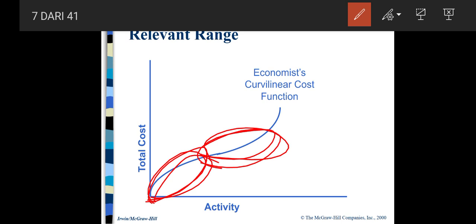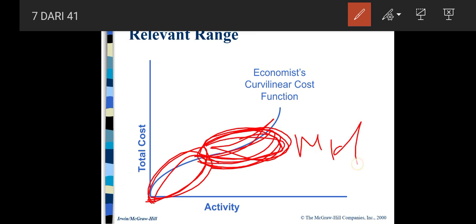It will increase the cost, but more efficiencies are also added, which allows more output to be done. Jadi walaupun menambah pekerja, namun efisiensinya semakin baik sehingga biayanya tidak terlalu meningkat. Jadi di mid terkesan flatten.